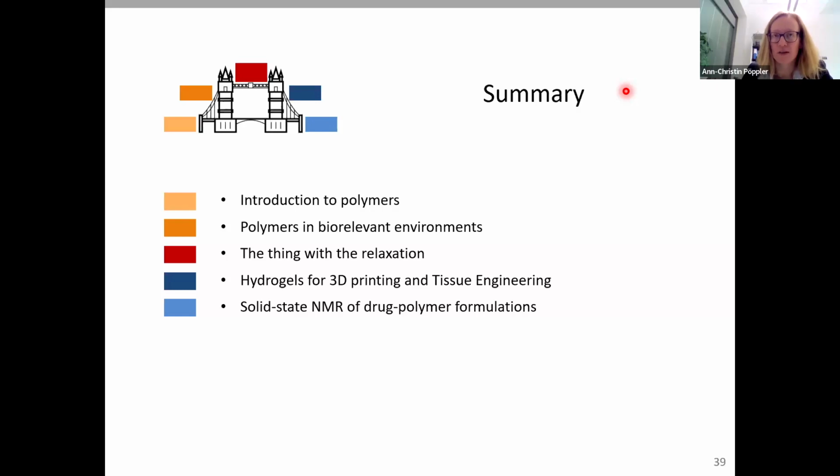So for the drug molecules, we can clearly see experimental proof and also combine it with calculations that, for example, OH groups in the drug molecule would interact with the amides in the polymer.